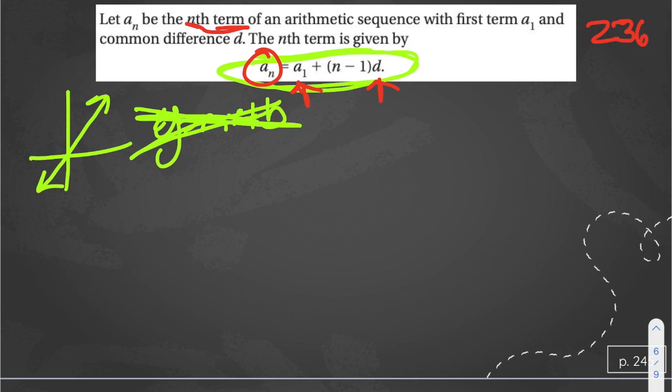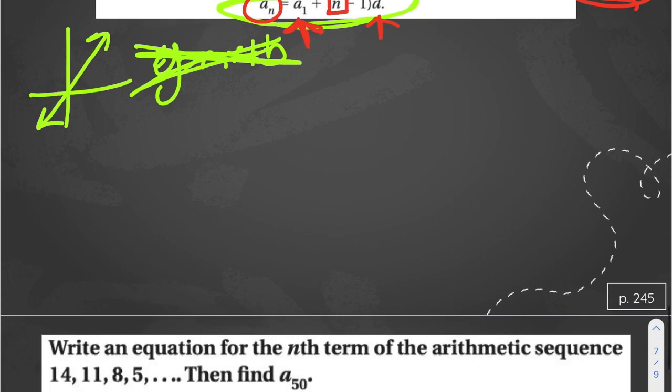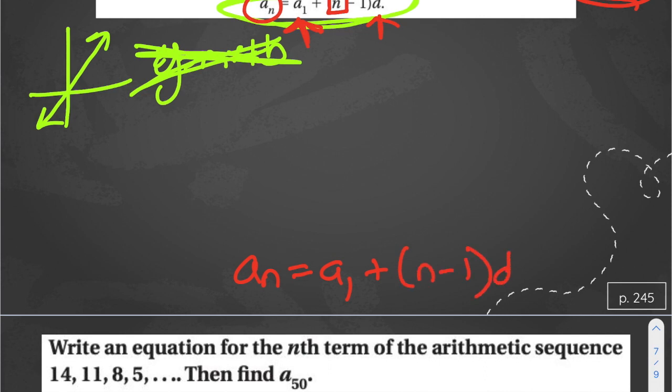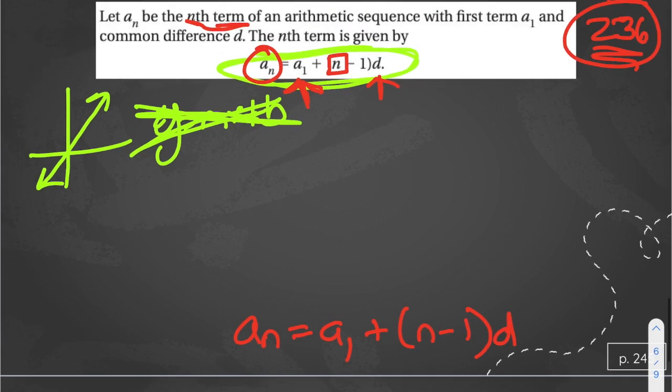The nth term is given by, so we find this 236th term by putting a sub 1 plus, n just represents that 236, so 236 minus 1 times d, that will give us that 236th term. So I'm going to write this here so it's easy for us to see. a sub n equals a sub 1 plus n minus 1 times d.